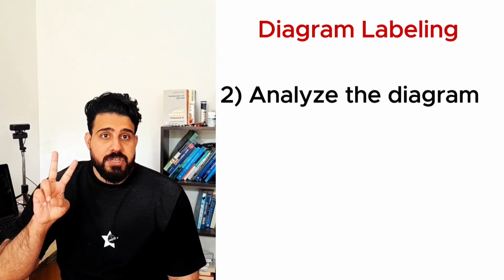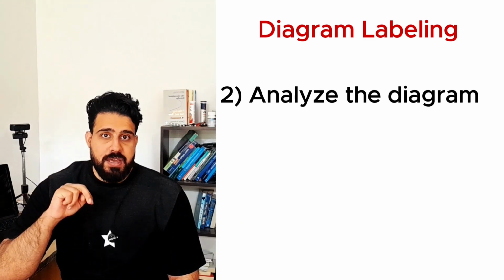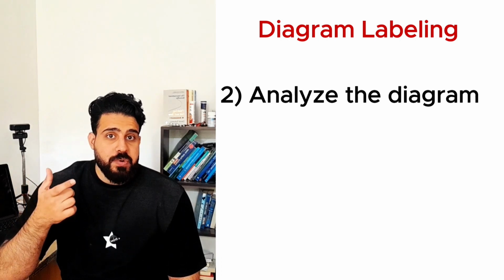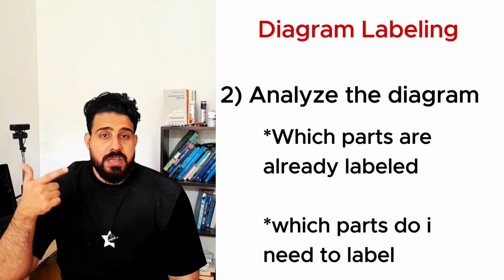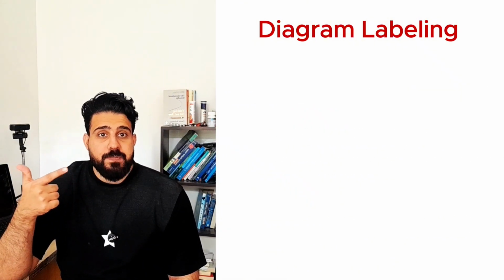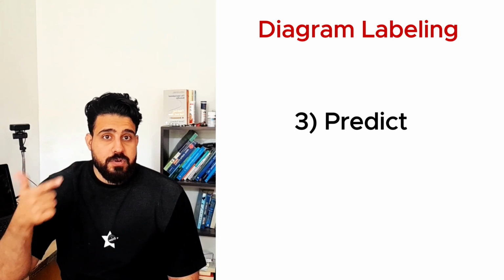Look at the picture and try to understand it before you even look at the text. Ask yourself, what is this diagram showing? Which parts are already labeled and which parts do I need to complete? And then predict where to look in the text. This is a pro tip.